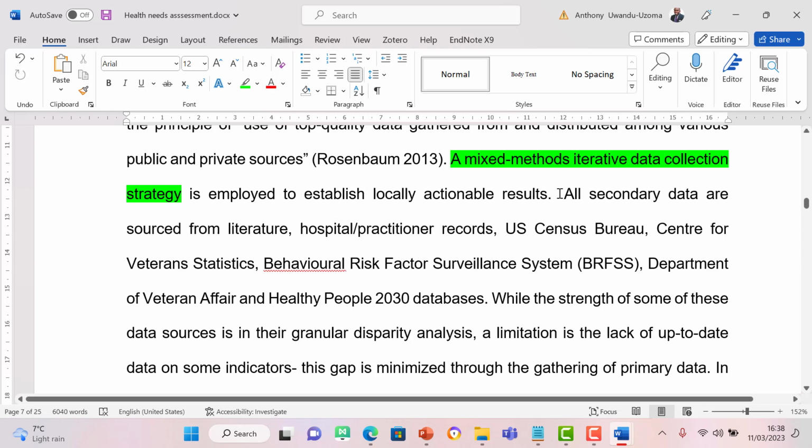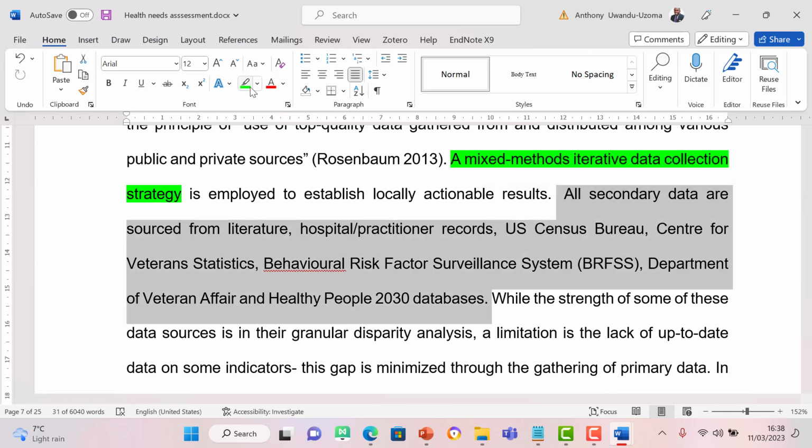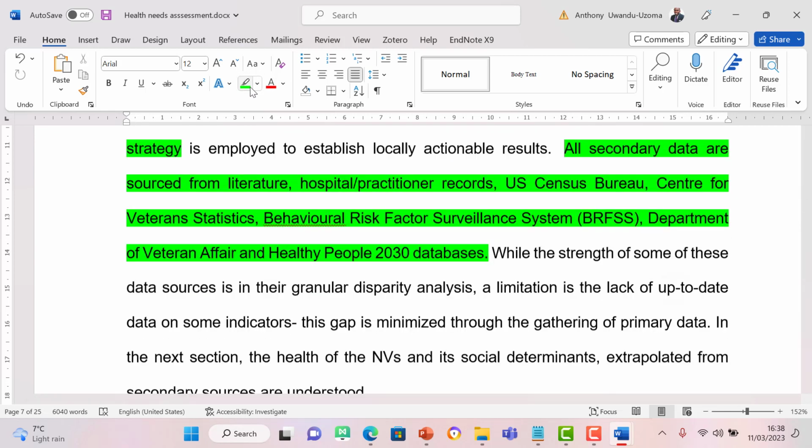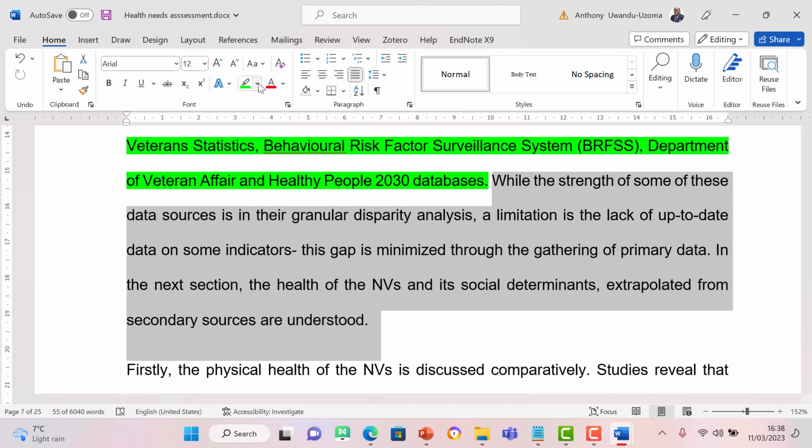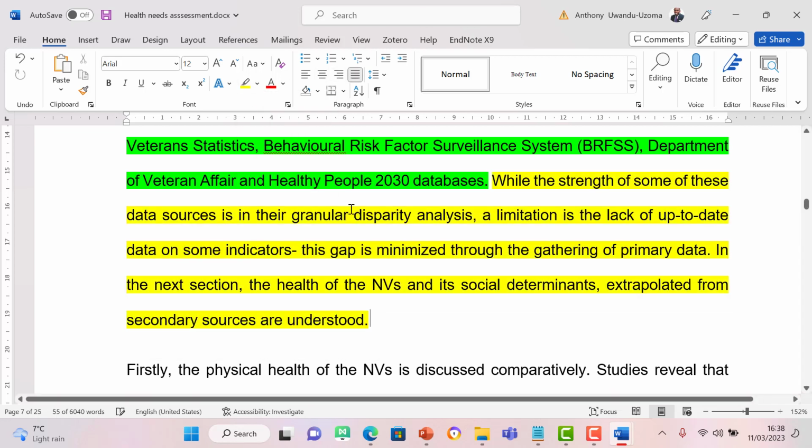So you need to list your data sources, and then you need to criticize them. That is what makes it critical writing. The strength of some of these data sources lies in their granular disparity analysis, but a limitation is the lack of up-to-date data on some indicators.